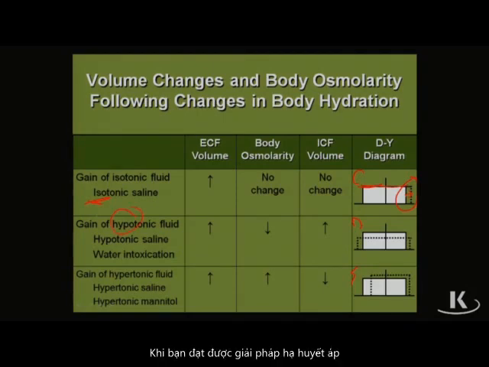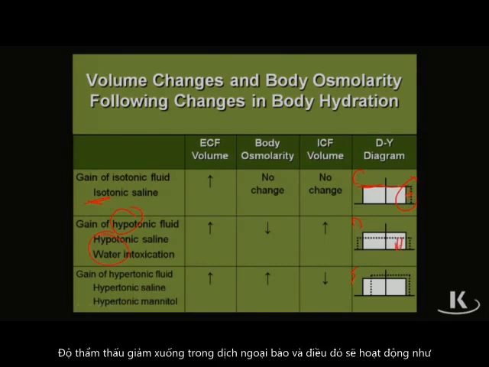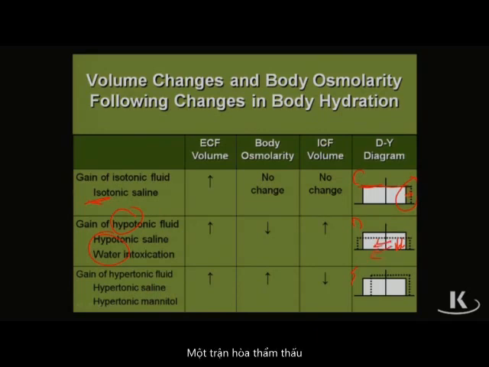When you gain hypotonic solutions, when you pour water into the person, the osmolality goes down in the extracellular fluid, and that will act as an osmotic draw into the cells. If the cells have 300 milliosmoles and you infuse water and make the extracellular fluid 250, it will end up drawing volume into the cells.